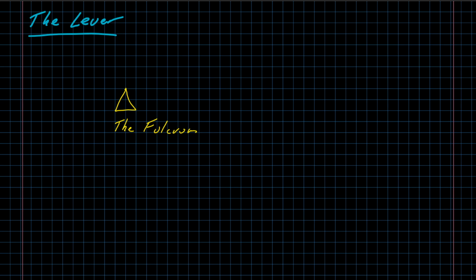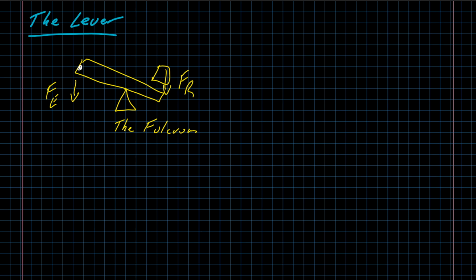And then there is some sort of a fixed arm that can pivot on that fulcrum. In this orientation, we have an effort force pushing downward, and then presumably there is some sort of a load applying a resistance force on the other side.